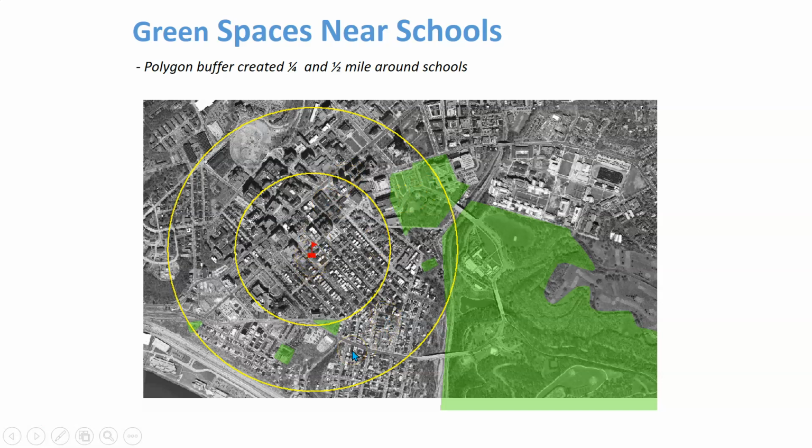So what you could do with this buffers is you could evaluate the patches of land that are available to students within walking distance. So in general, that would be showing or mapping green spaces near a school.